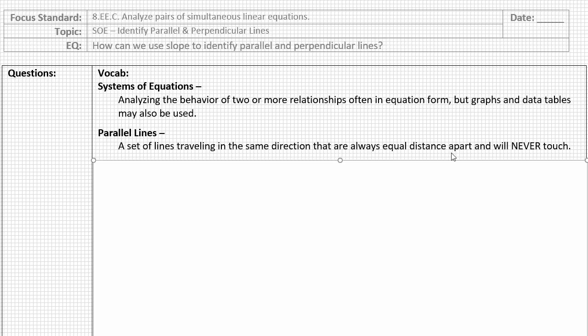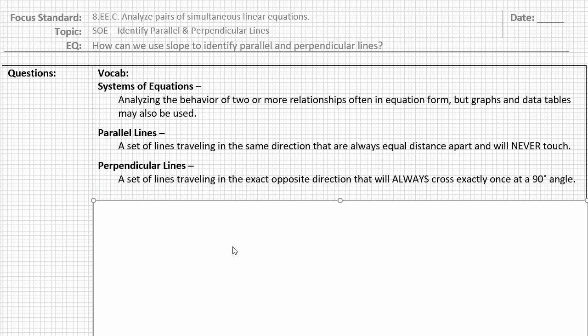They're always equal distance apart and they never touch. Perpendicular lines are a set of lines that travel in the exact opposite direction, which is what makes them very different from parallel lines, and they will always cross exactly once at a 90-degree angle.